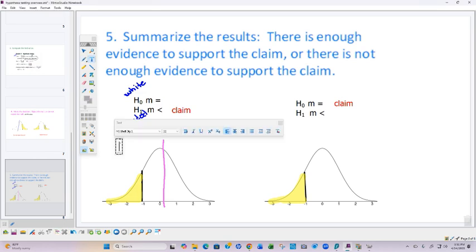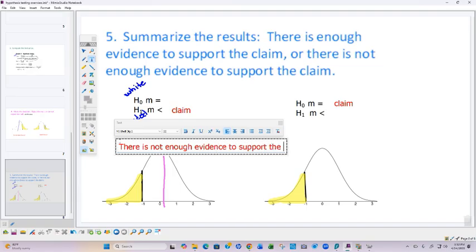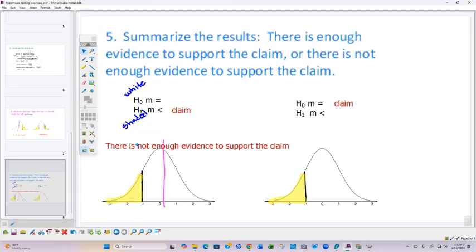So on this one, I would put there is not enough evidence to support the claim. Okay, that would be for this one. Let me move that over out of the way a little bit.